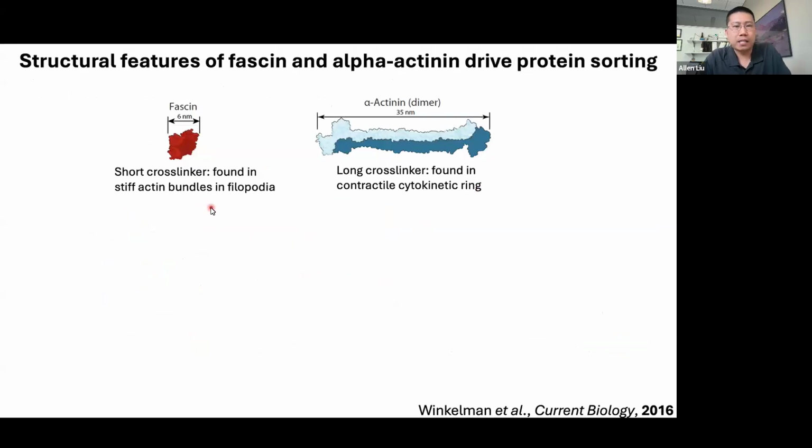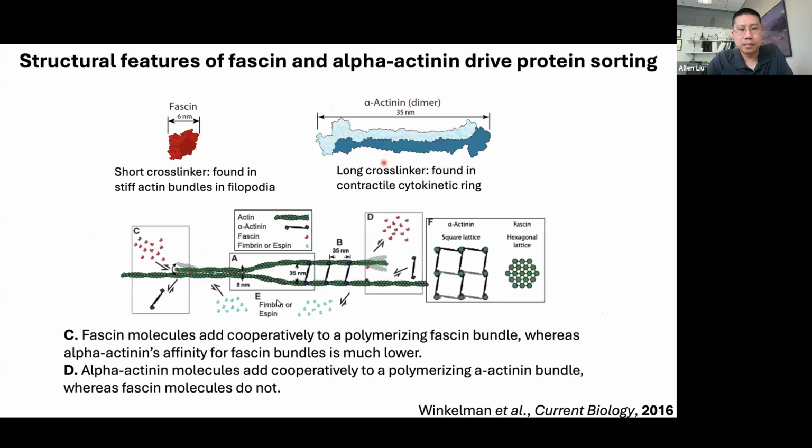The two specific actin binding proteins that I'm going to first describe to you are fascin, which is a short cross-linker, and alpha-actinin, which is a long cross-linker. It's been shown previously that when you take actin filaments and reconstitute them with two different actin binding proteins, you will create a domain that has the short cross-linker and a domain with the long cross-linker.